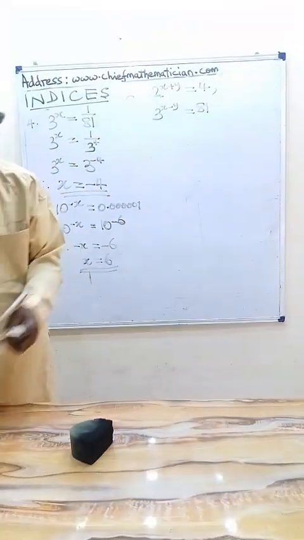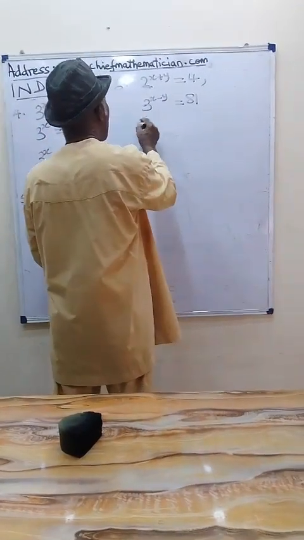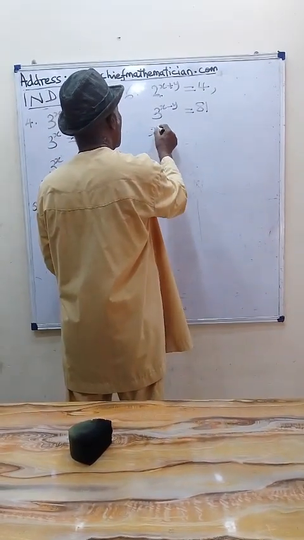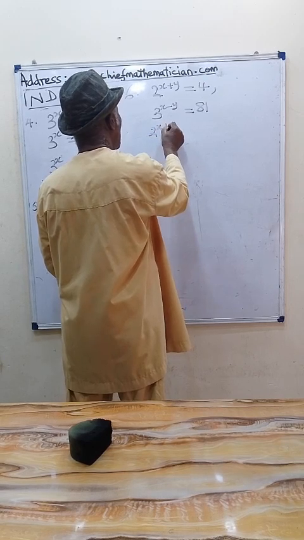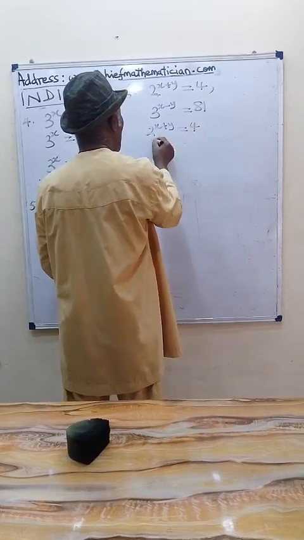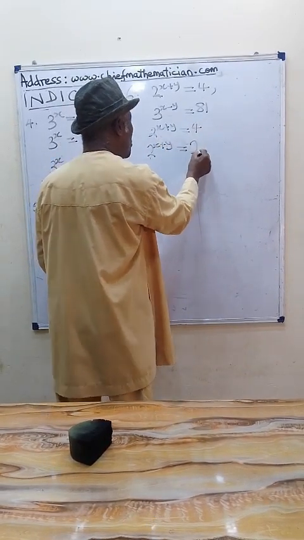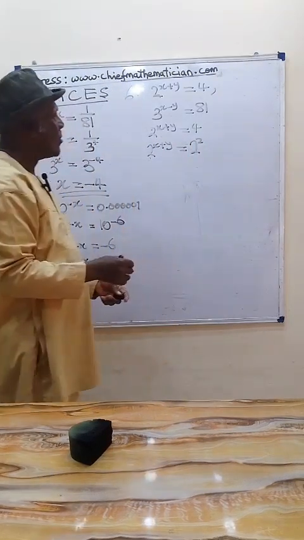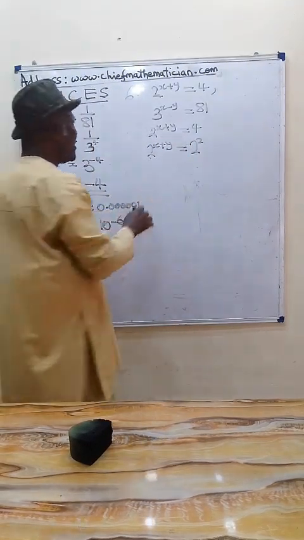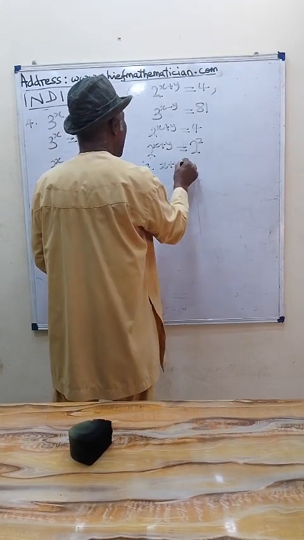Like I said, 2 to the power x plus y is equal to 4. From there, we get 2 to the power x plus y is equal to 2 to the power 2. Again, they are now on the same base. That is, we are saying that x plus y is equal to 2.